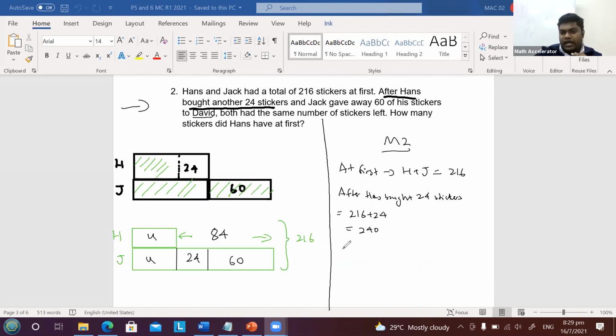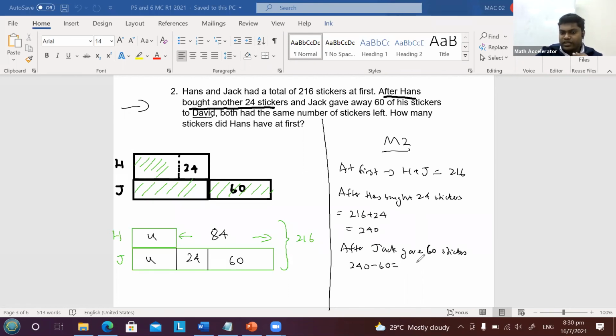Okay, now after Jack gave 60 stickers, what is the new total? So now Jack gave away 60 of his, right? So new total is 240 minus 60.